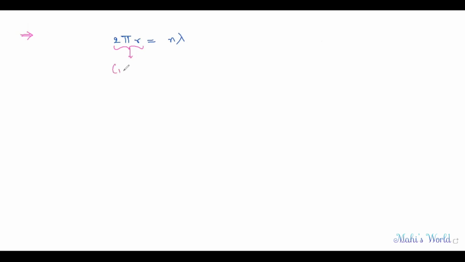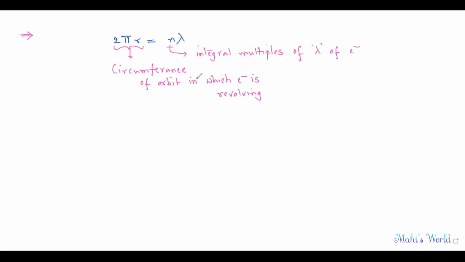In fact, this is the circumference of the orbit in which the electron is revolving. It must be equal to integral multiples of the wavelength of the electron. Again, n is an integer. So the circumference of the orbit in which an electron is revolving must be equal to integral multiples of the wavelength of the electron.